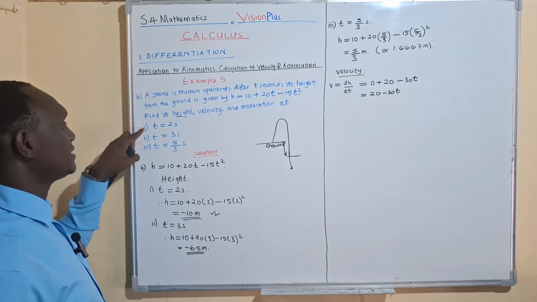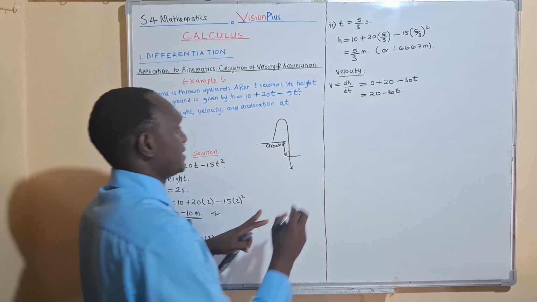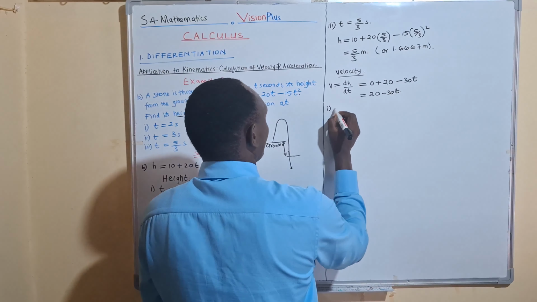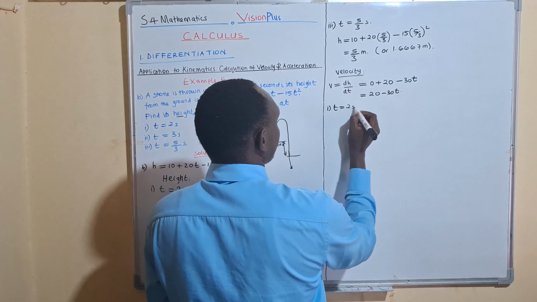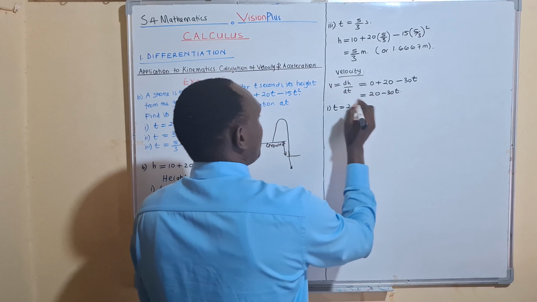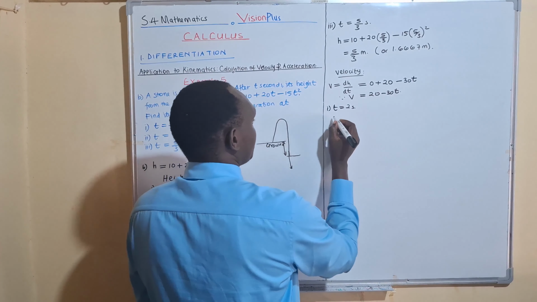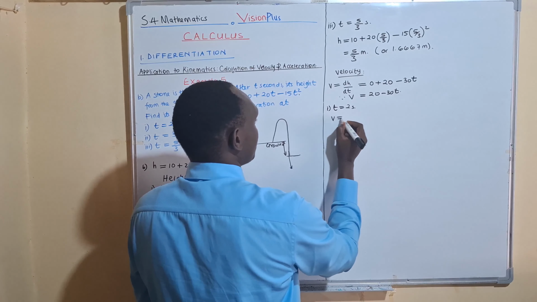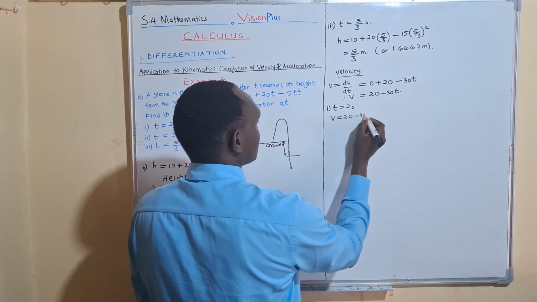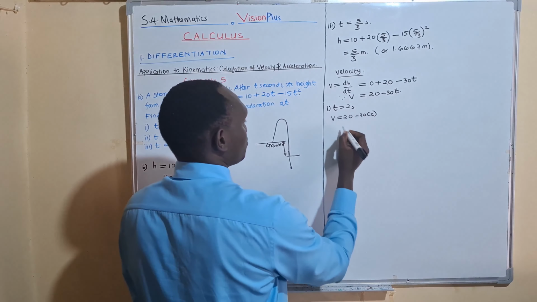Now, what is the velocity when the time is 2 seconds? When the time is 2 seconds, we use the expression for velocity at any time t. Therefore, v now becomes 20 minus 30 times t, which is 2.